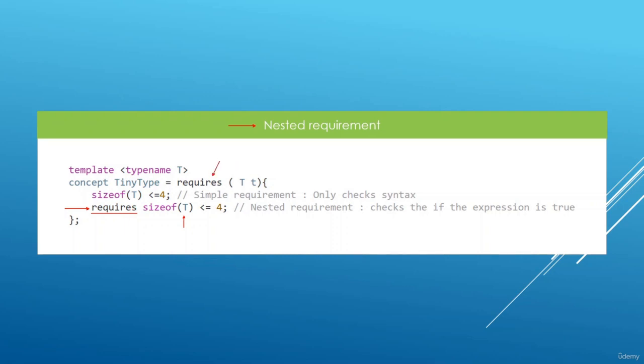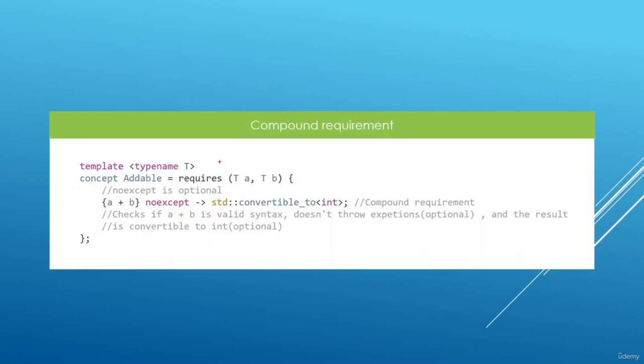Another kind of requirement you can set up for your concept is the compound requirement. And this is going to allow you to check if something doesn't throw an exception. You can do that using the noexcept keyword, but we're not going to use this now because this is not in scope for what we can do at this point in the course. But you can also check the return type of an expression and enforce that it satisfies some type trait, for example.